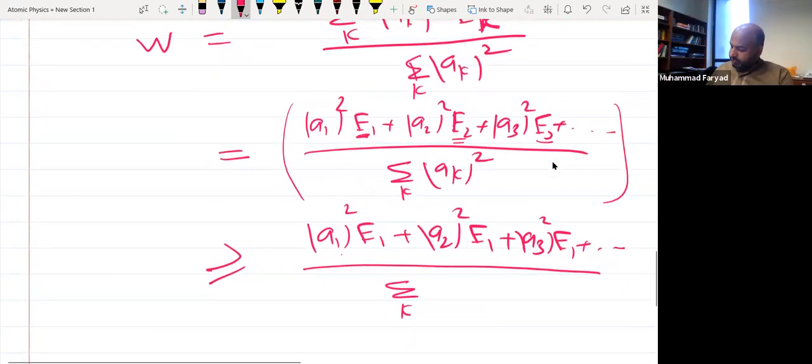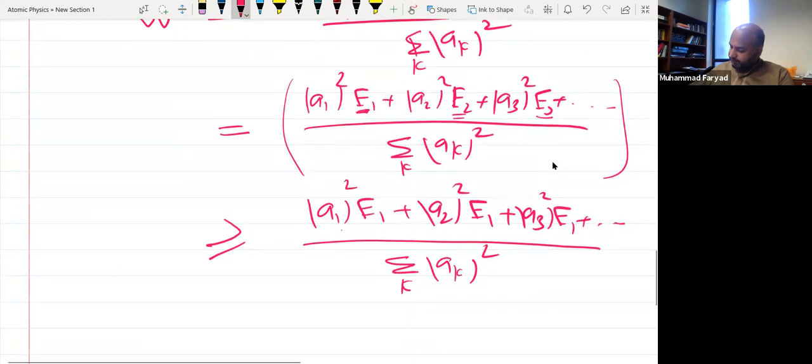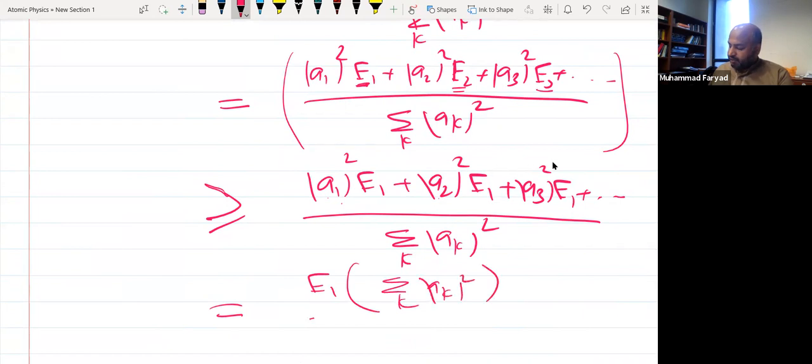Okay, so over here we have ak mod square. This is actually the key in this thing. Now I can take e1 common, and then I have a1 mod square, a2 mod square, a3 mod square, and so on, which is nothing but sum over k ak mod square over sum over k ak mod square, and they cancel out, so I have this e1.